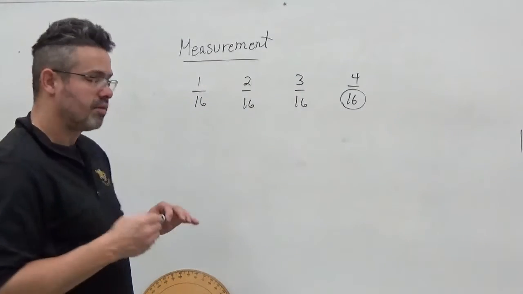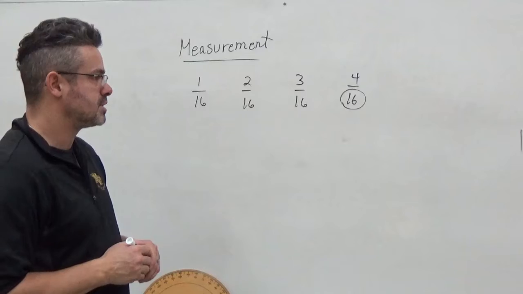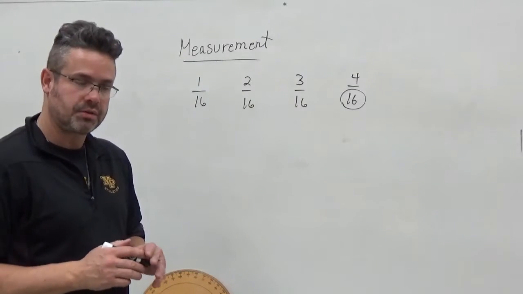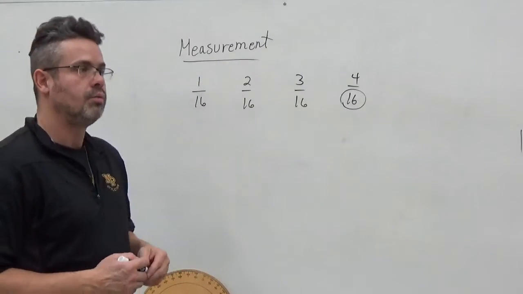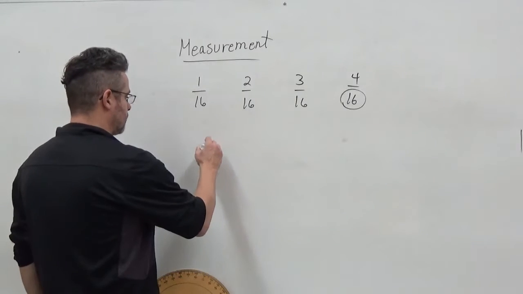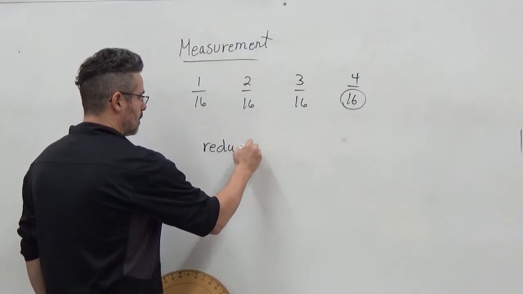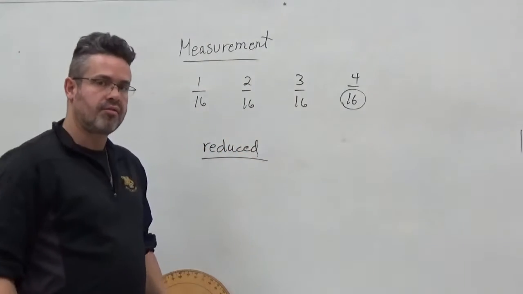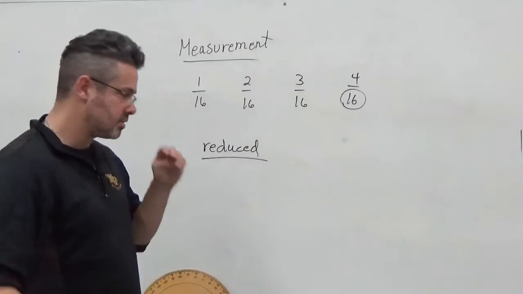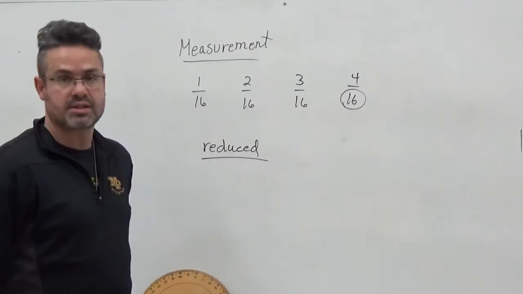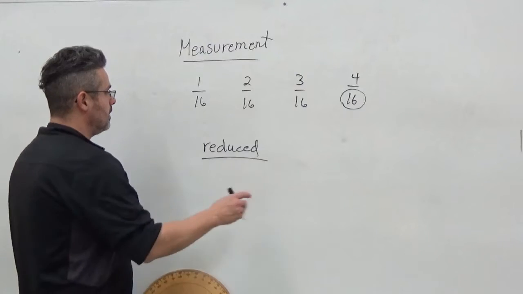So, the first thing that I want you to understand is when we read an inch in fractions of an inch, we always want it in reduced form. Okay, so we want our fractions reduced. Now you've learned how to reduce fractions in grade 5, 6, and 7 math, so you should be good.